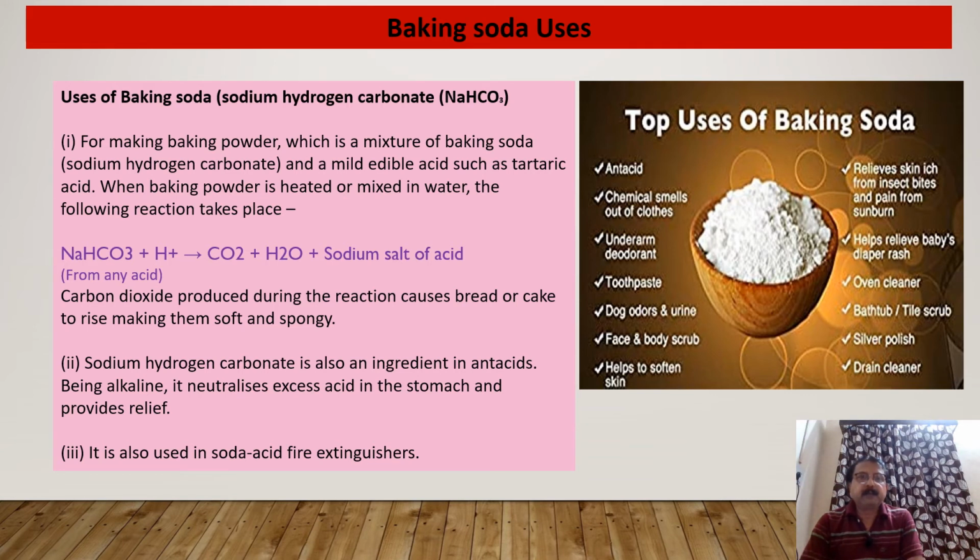Being alkaline, it neutralizes excess acid in the stomach and provides relief. It is also used in soda acid fire extinguishers. So these are the uses of baking soda and baking powder.